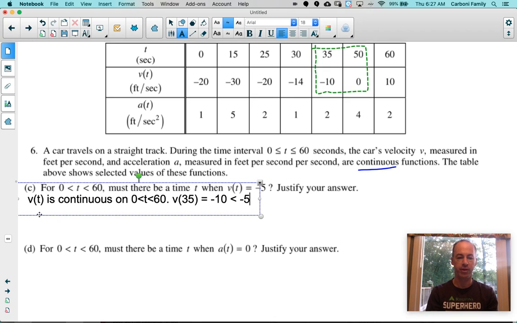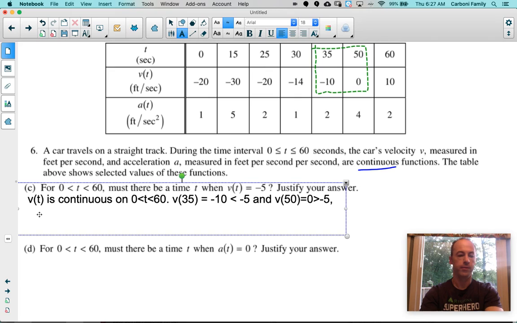So my velocity at 35 is less than -5, and my velocity at 50, which equals 0, is greater than -5. Therefore, the intermediate value theorem guarantees that v of t equals -5 for some t on the interval.